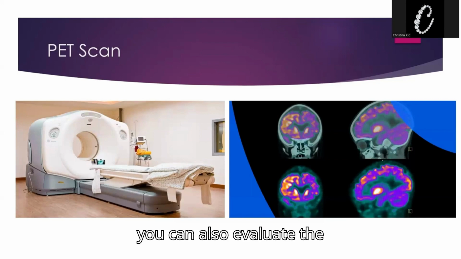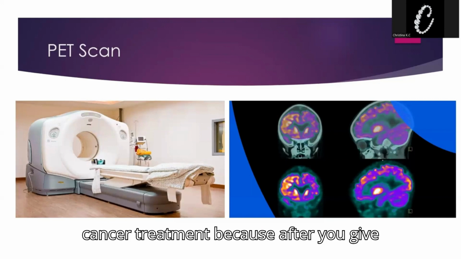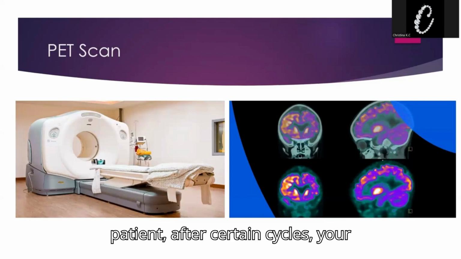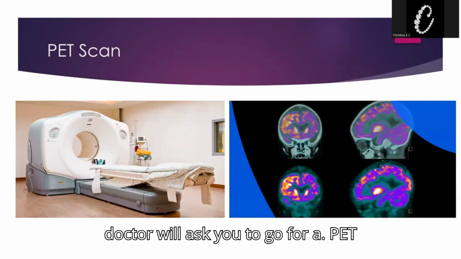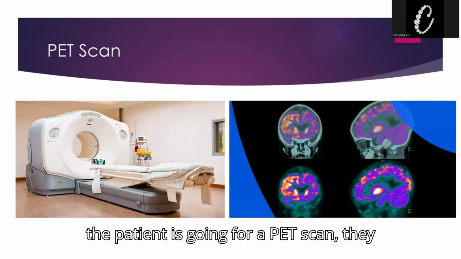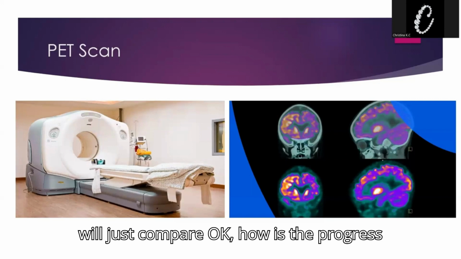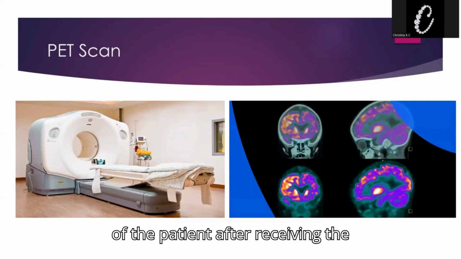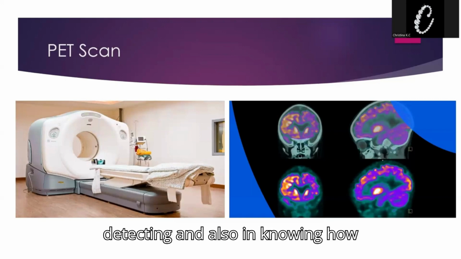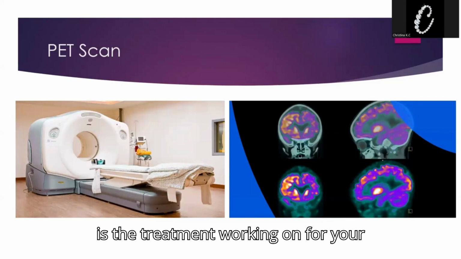But here you can also evaluate the cancer treatment, because after you give radiation or chemotherapy medications to the patient, after certain cycles, your doctor will ask you to go for a PET scan. They will compare how the progress of the patient is after receiving the treatment. This PET scan helps in detecting and also in knowing how the treatment is working for your patient.